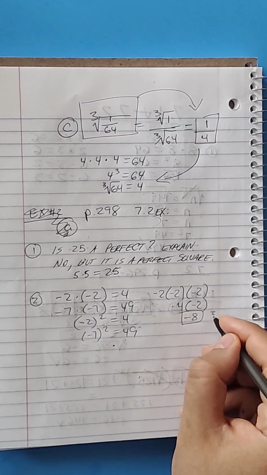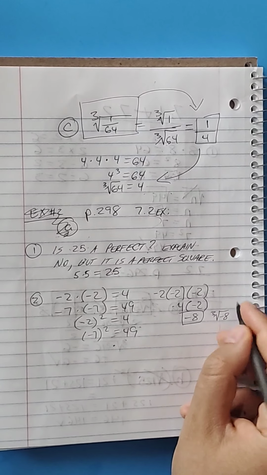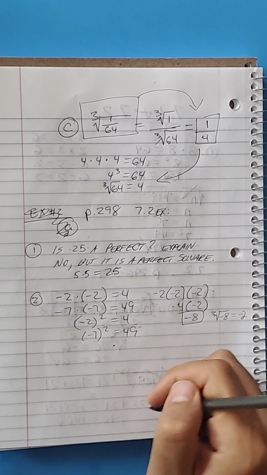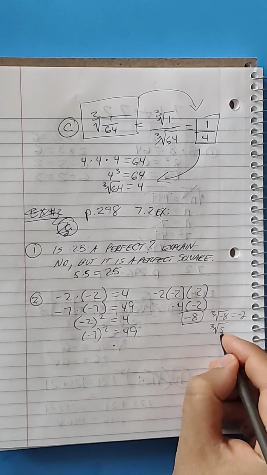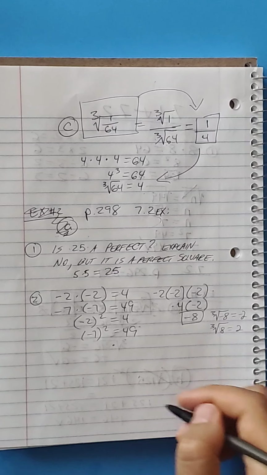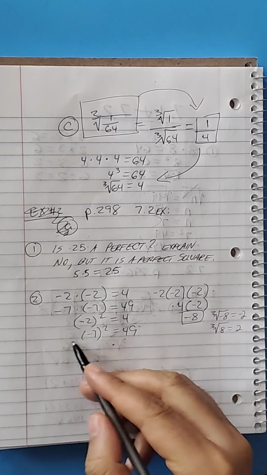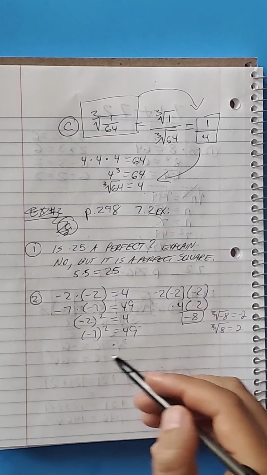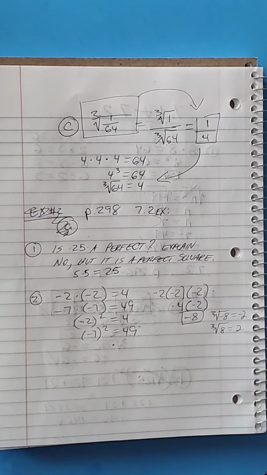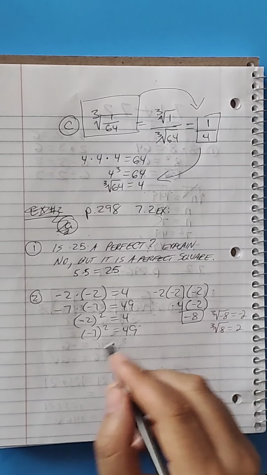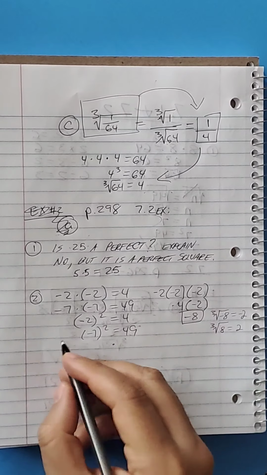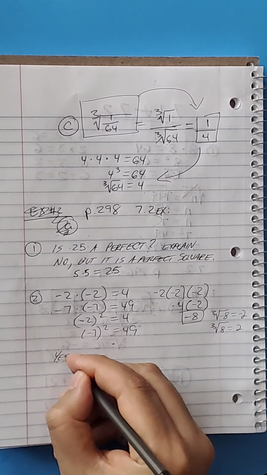So the cube root of -8 would equal -2. The cube root of +8 would be +2. Same thing is true if you multiply 49 times -7. So to answer number 2, the answer is yes.